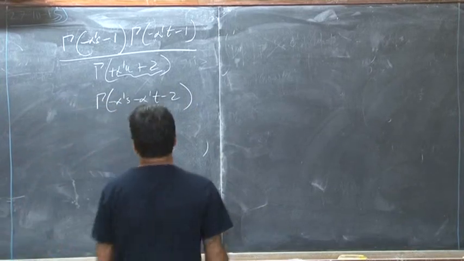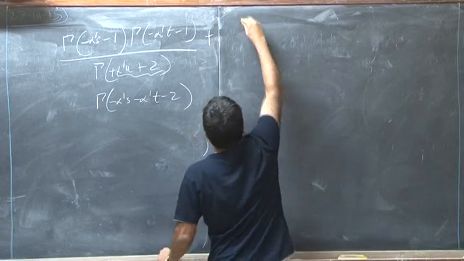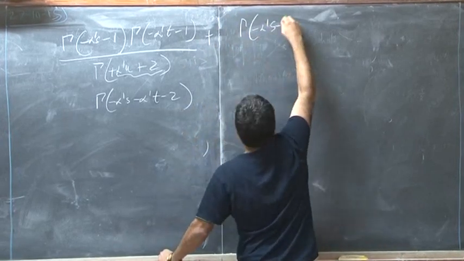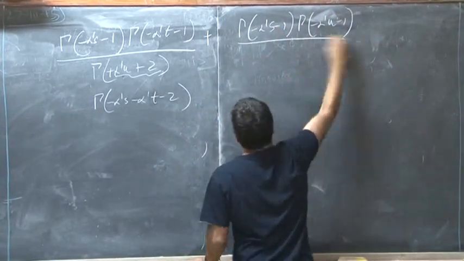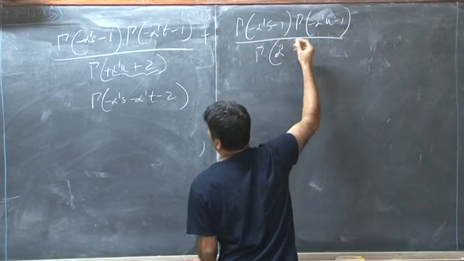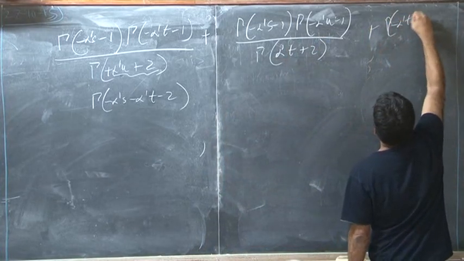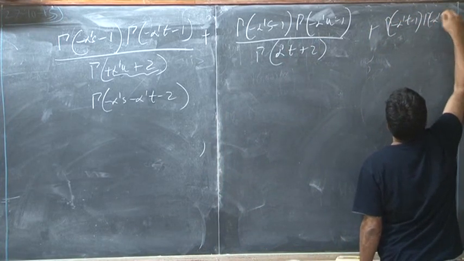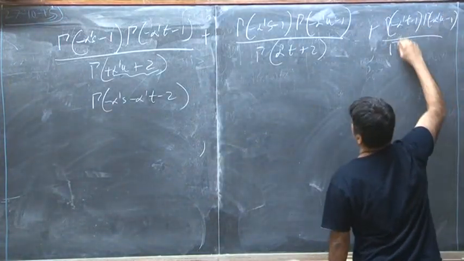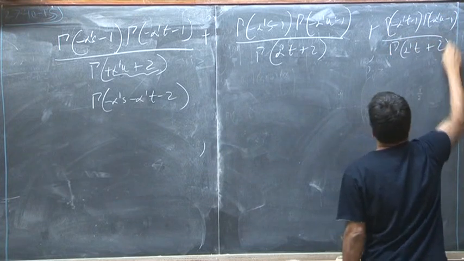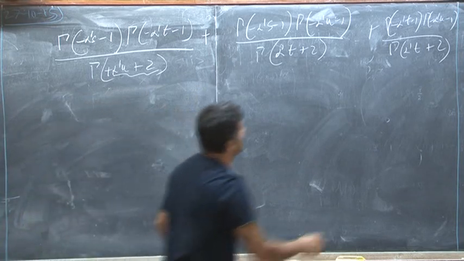Okay, when we had this plus the other permutation, gamma of minus alpha prime s minus 1, gamma of minus alpha prime u minus 1, divided by gamma of alpha prime t plus 2, plus gamma of minus alpha prime s minus 1, gamma of alpha prime u minus 1, gamma of alpha prime t plus 2.